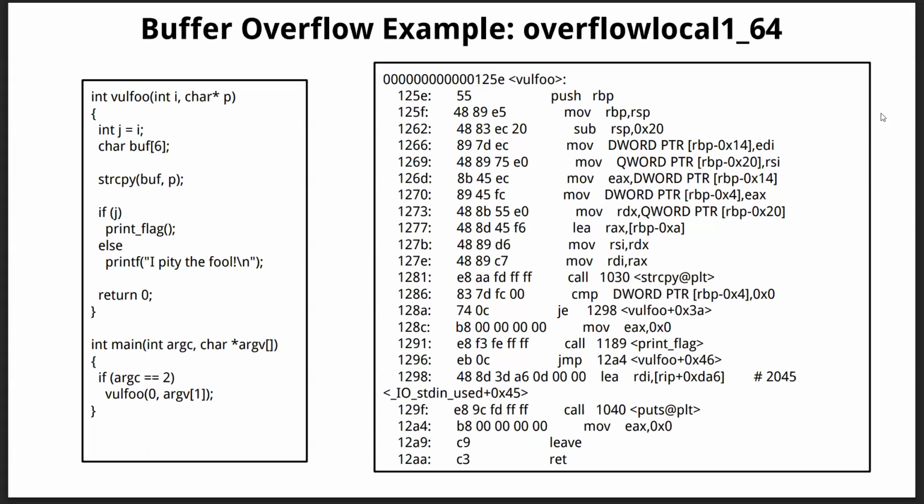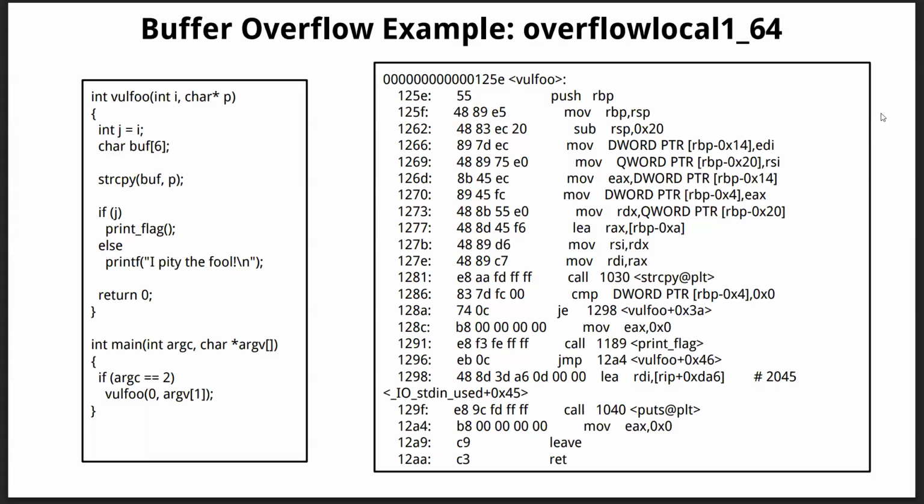So here we have the buffer. The buffer starts at RBP minus A, which is 10 in hex. Then we have the local variable j. j is at RBP minus 4. So even though it's 64-bit, the compiler is giving us exactly 6 bytes. Which means our exploit will be the same as the previous one.